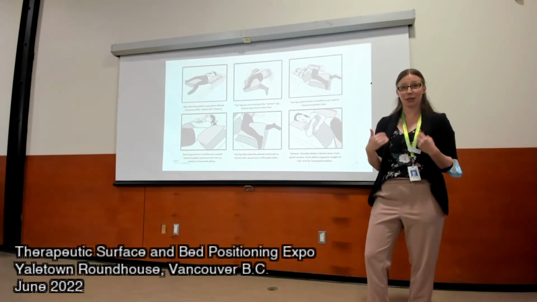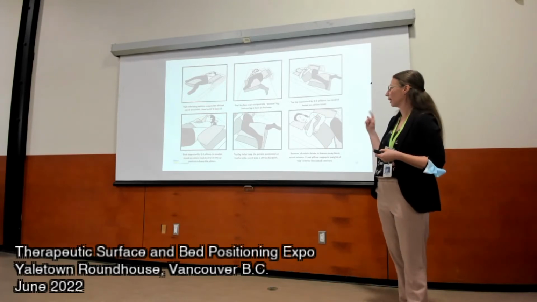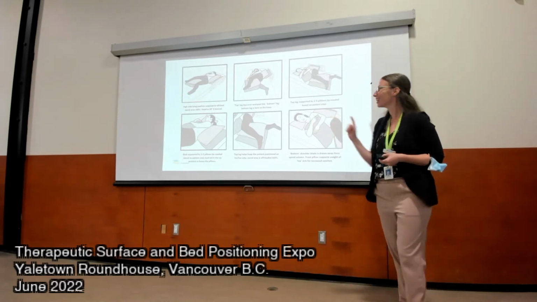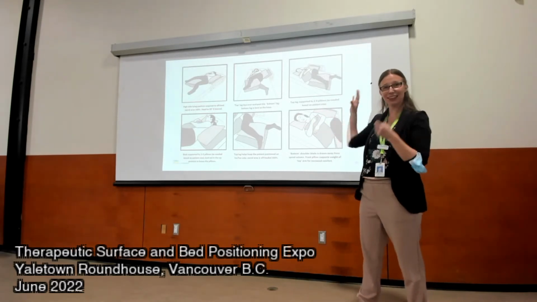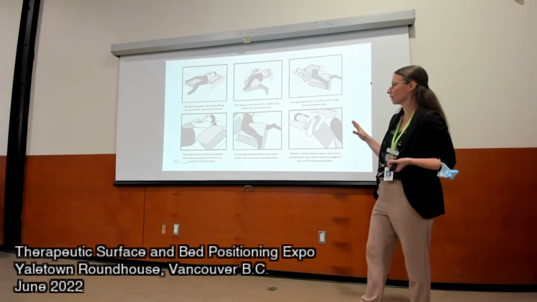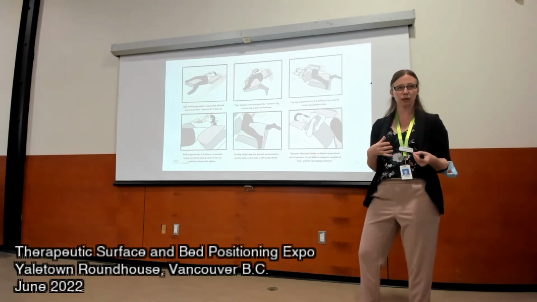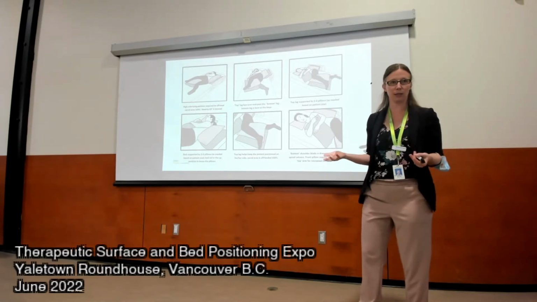In my experience working in long-term care, we never had this many pillows available. So although this is lovely, it's not always realistic, and the pillows don't stay in place. They squish. They're not supporting the residents as well as we would like.